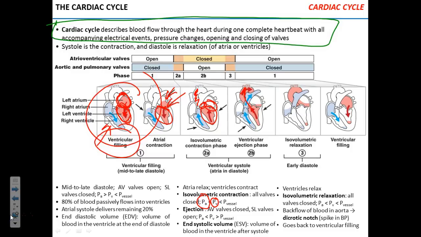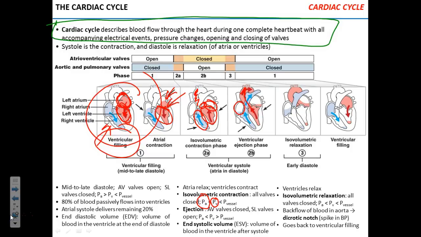So only when the pressure in the right ventricle becomes higher than in the right atrium, only then will the valve close. Absolute numbers in the right side and in the pulmonary circuit are lower compared to the left. But we're not comparing sides. It's all the same. Does that make sense? All right.